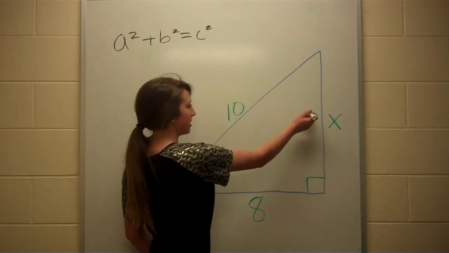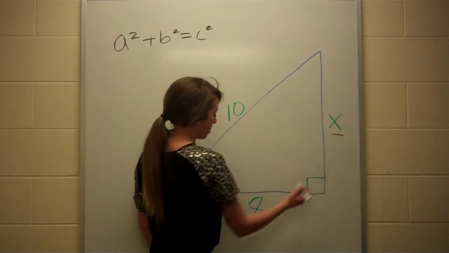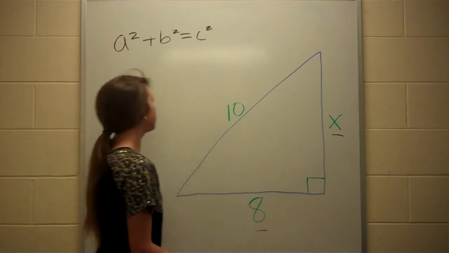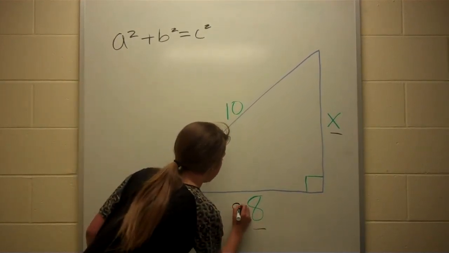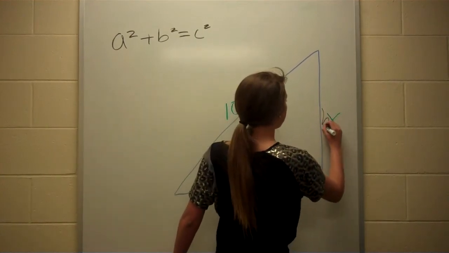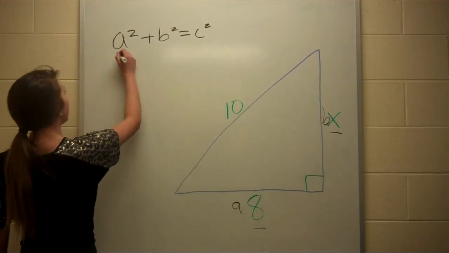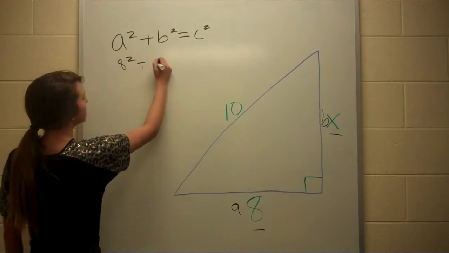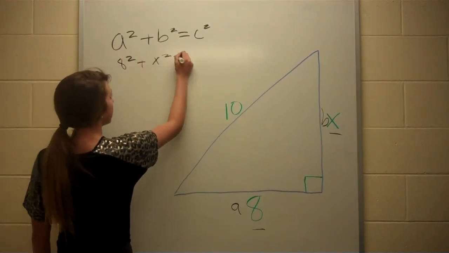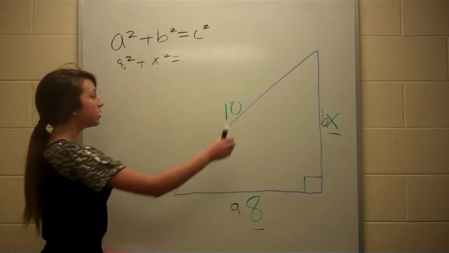We have our two legs here, x and 8. So, those represent a and b. So, we plug in 8 squared plus x squared equals 10 squared.